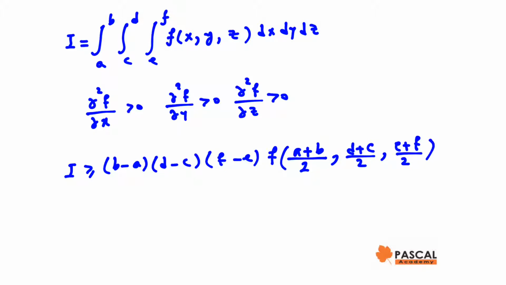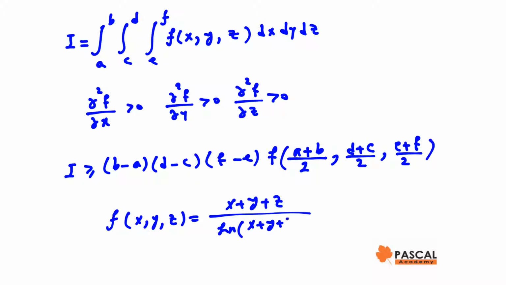If we consider f(x, y, z) = (x + y + z) / ln((x + y + z)/3), the second derivative of this function with respect to x, y, and z on the interval (1, e²) is positive. Therefore, it is positive on the interval a to b.